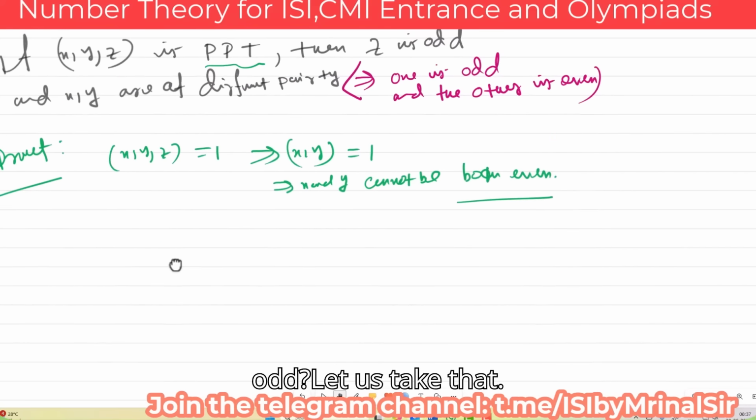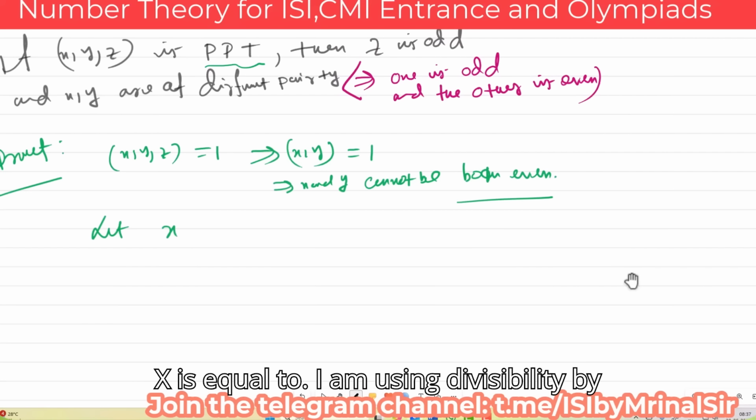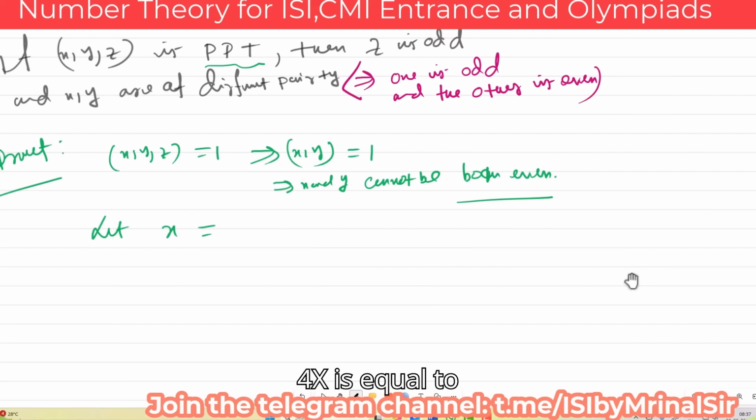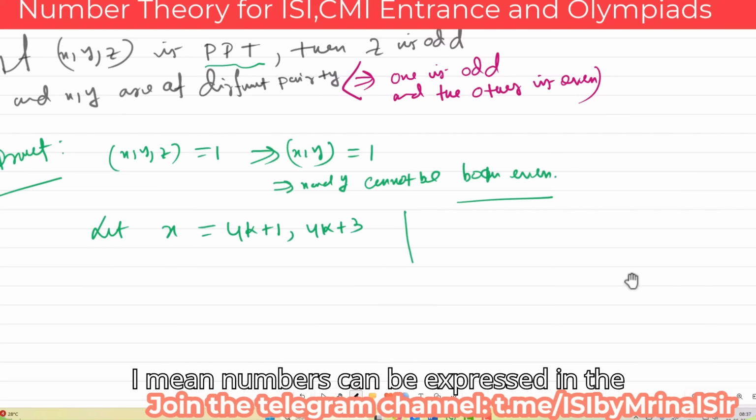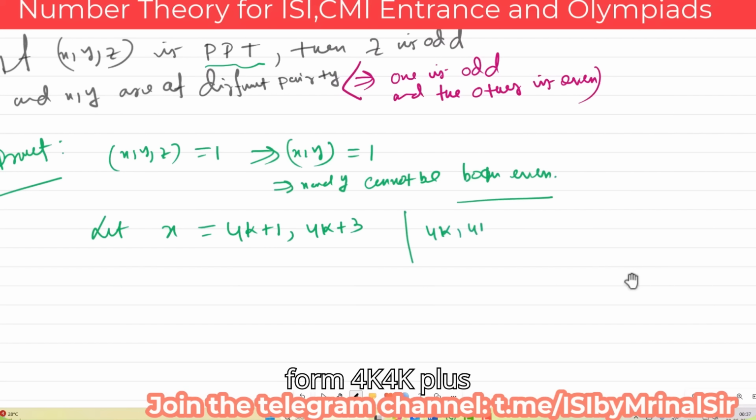Can they be both odd? Let us take that. Let x and y be of this form. I am using divisibility by 4. x is equal to 4k plus 1 or 4k plus 3. If you go by divisibility by 4, then numbers can be expressed in the form 4k, 4k plus 1, 4k plus 2 and 4k plus 3.